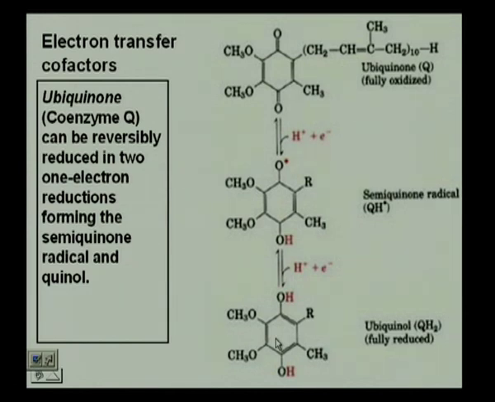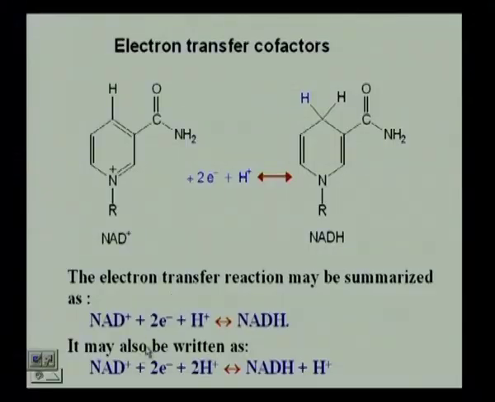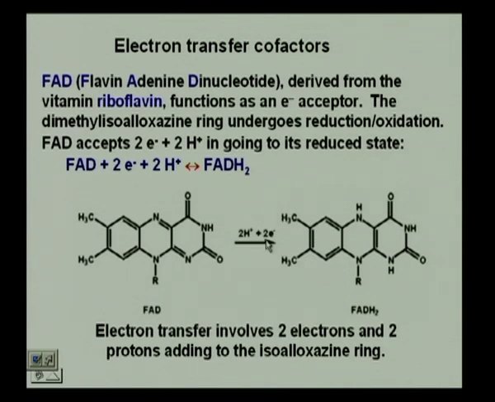Now, the use of coenzyme Q is its efficiency in being able to accept 1 electron and 1 proton at a time. In the other cases, you may need 2 electrons. For example, in NAD plus going to NADH, if we go back and look at the reaction, you need 2 electrons. Again, for FAD going to FADH2, you need 2 electrons for the reaction.